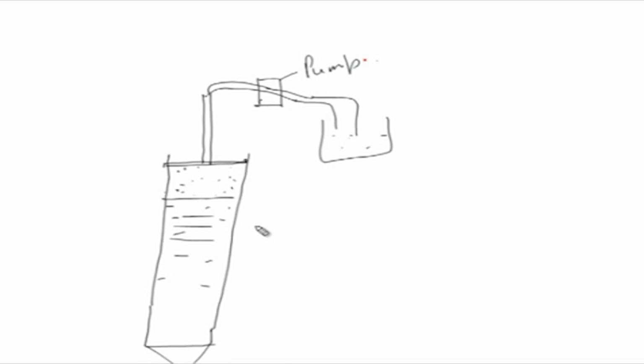Now, how do you load your sample? One way is, if you have a lot of sample, as in ion exchange chromatography, it could be loaded directly through a peristaltic pump. Other methods are that you remove the top plunger or cork, and then remove the mobile phase very slowly without disturbing the stationary phase bed.